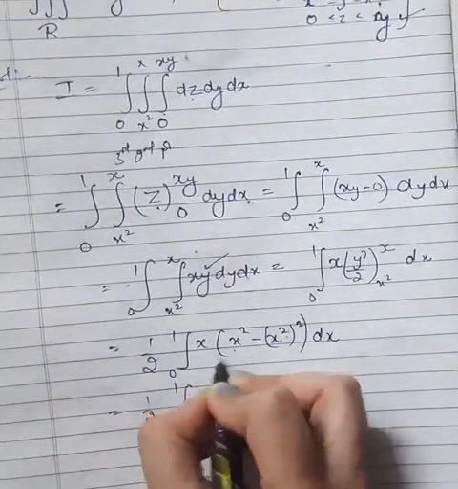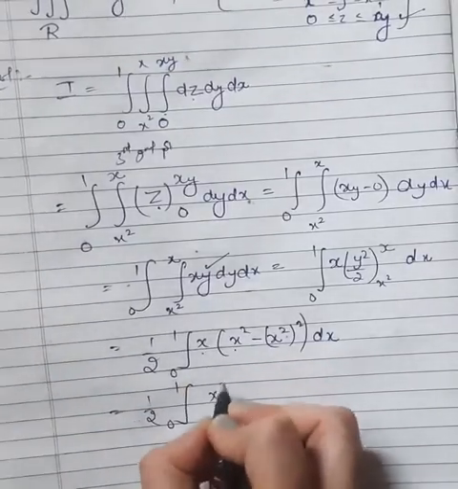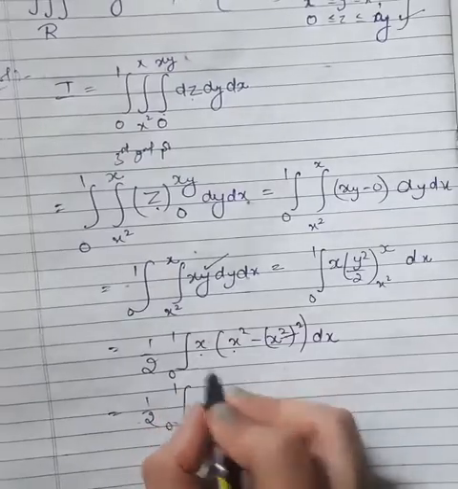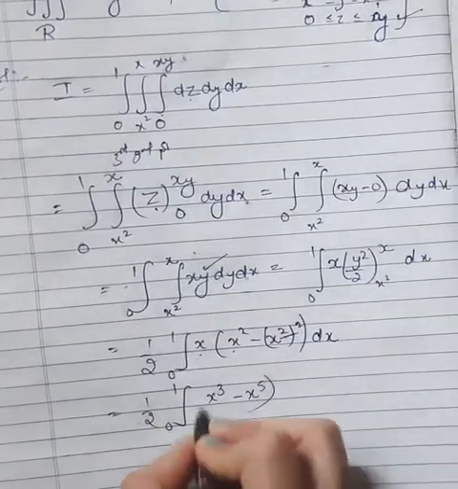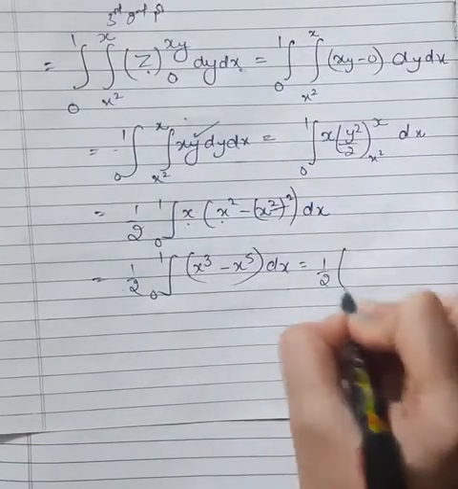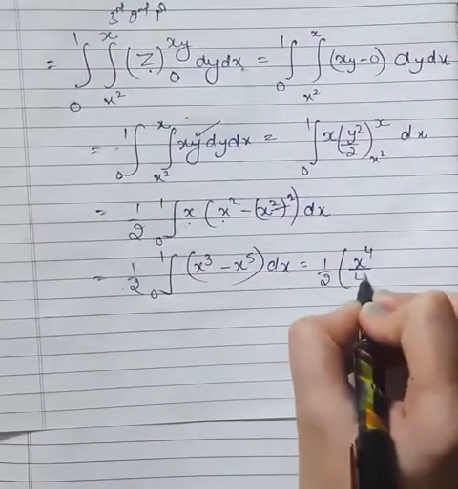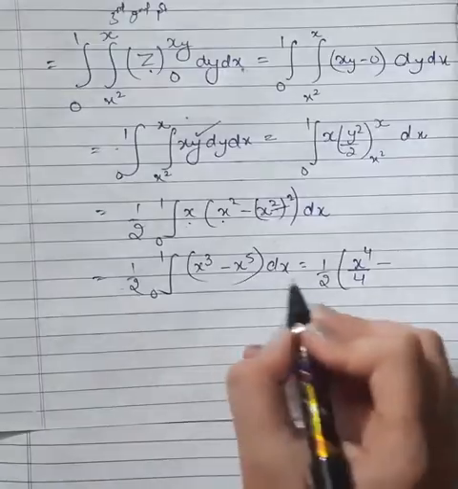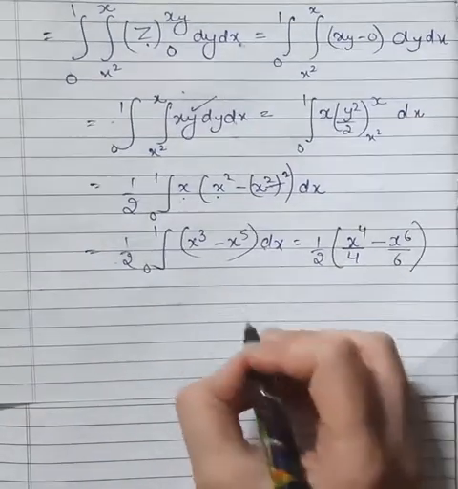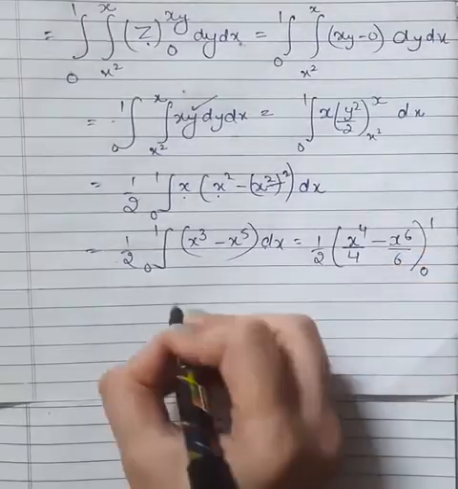Now this is x square, take this x inside the bracket, x cube, this is x raised to power 4 and 1 x is already present there, so power 5 dx. So this is 1 by 2, x raised to power 4 upon 4, integration now, x raised to power 5 will be x raised to power 6 by 6, 0 to 1.